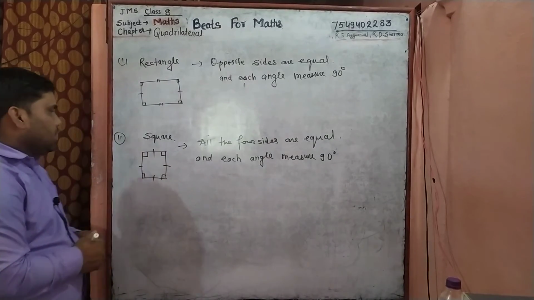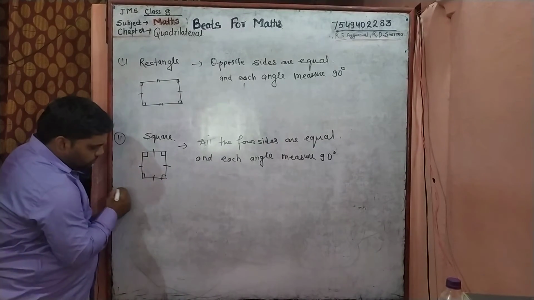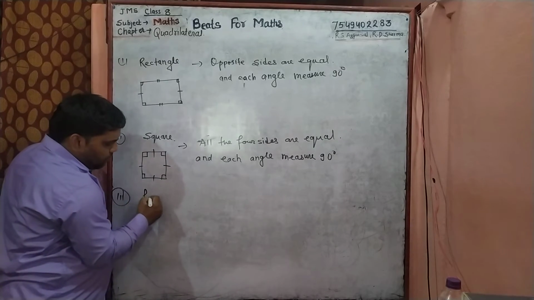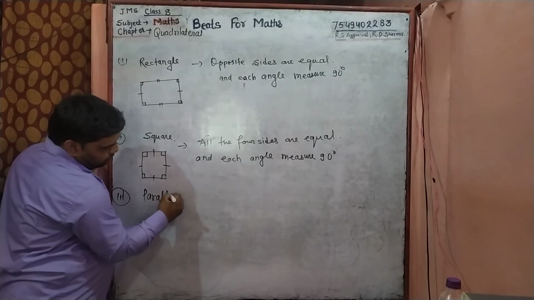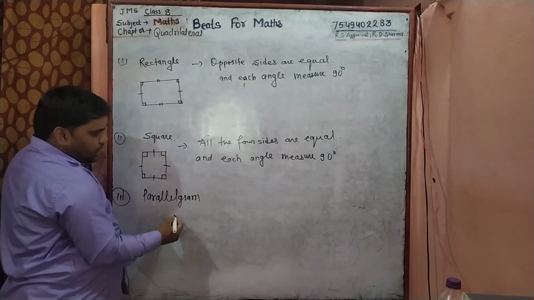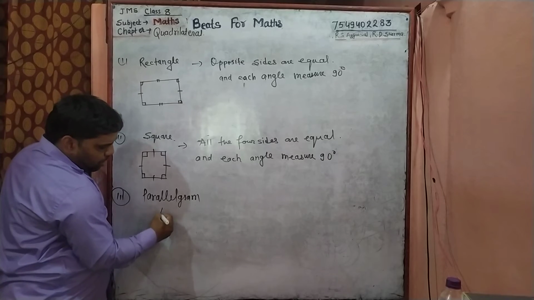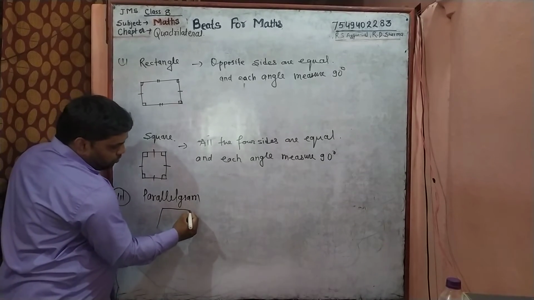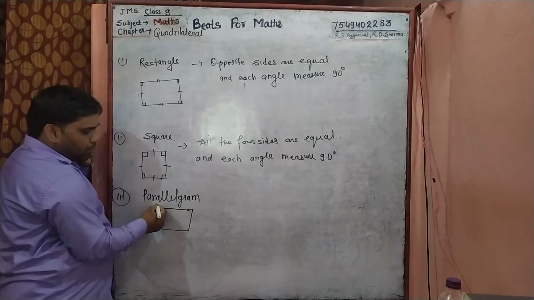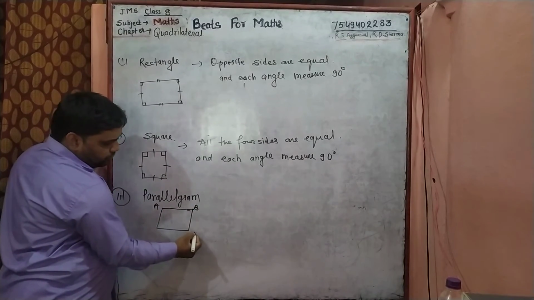Now, after square, the third one we have is the parallelogram. A parallelogram is a quadrilateral whose opposite sides are equal and parallel. Means opposite sides are parallel.